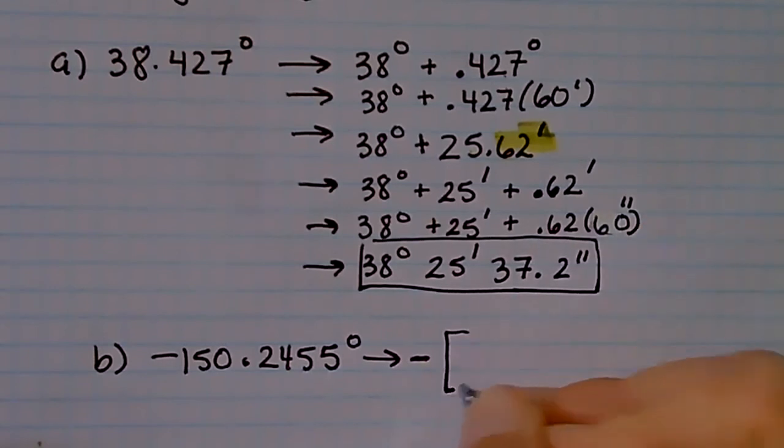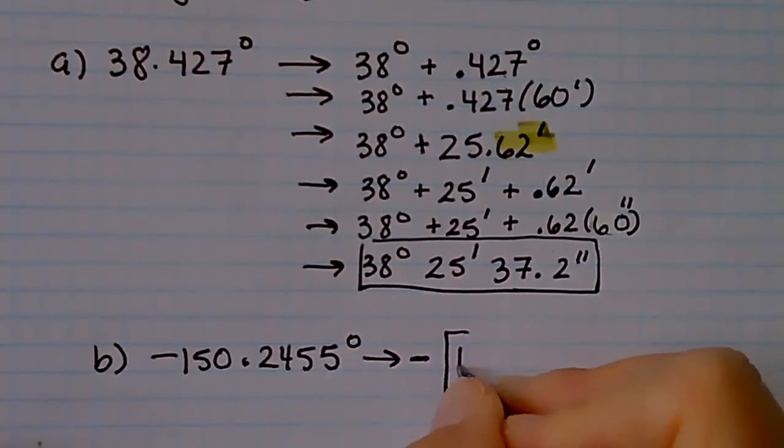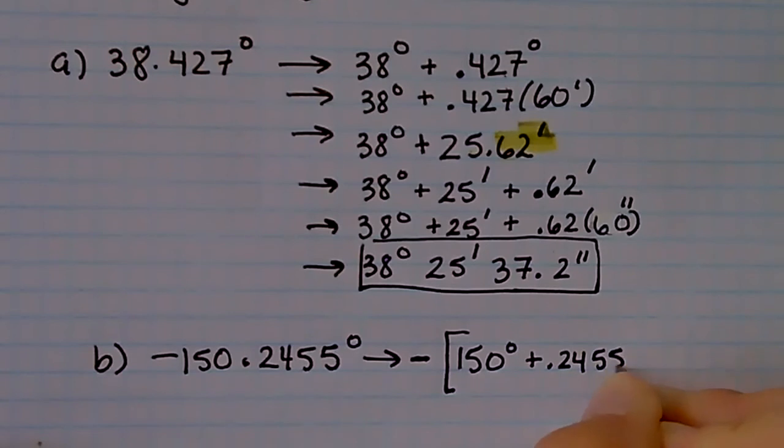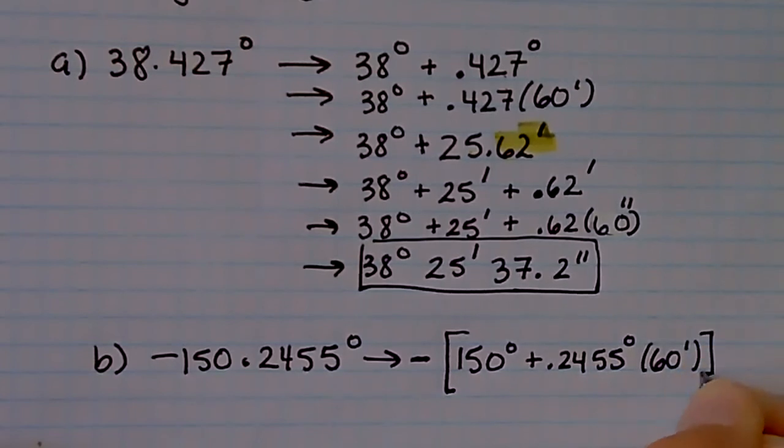Okay, let me just go like this. It's going to be a negative 150 degrees plus 0.2455. This is my degrees that I'm going to be changing to minutes. Okay, so I'm going to be taking this and multiplying it by 60 minutes. So now I'm going to have 150 degrees.